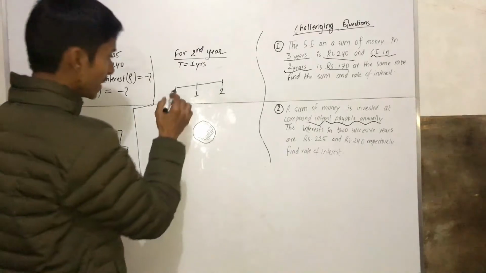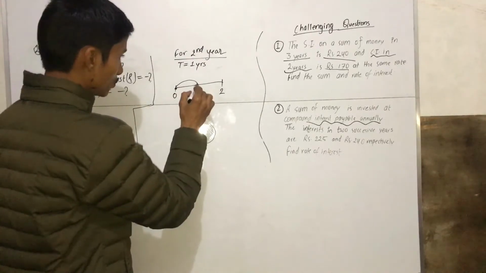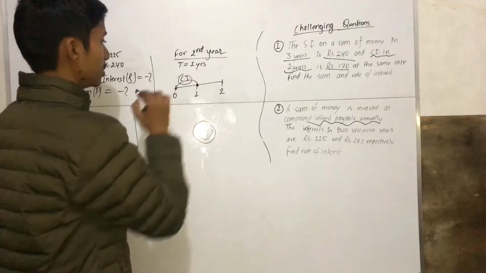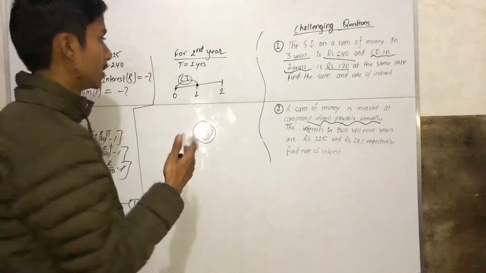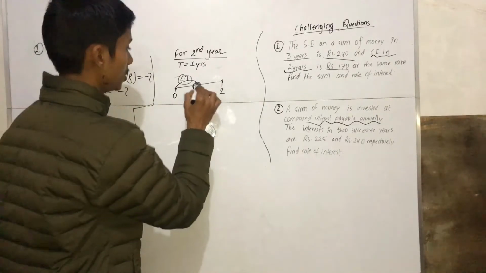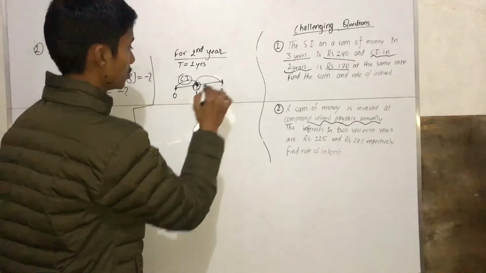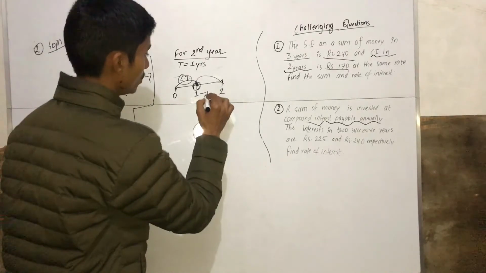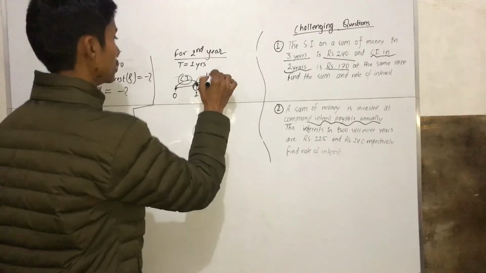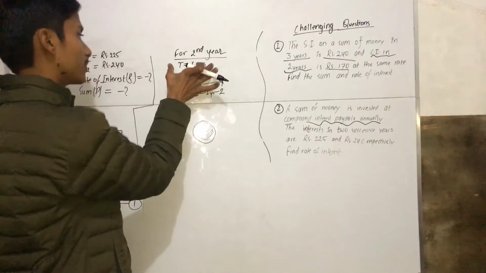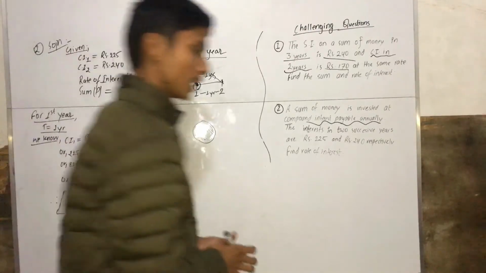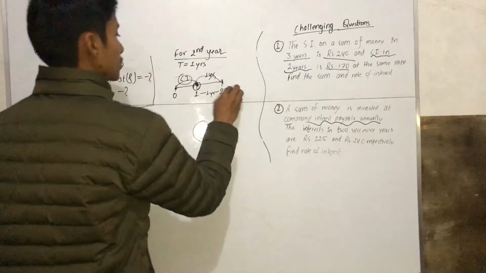From 0 year to 1 year, compound interest is already paid, and now we have to pay compound interest from here to here. So time interval is only 1 year. Okay, so I have written time is equal to only 1 year. Okay, let me know it. Wait for a sec.